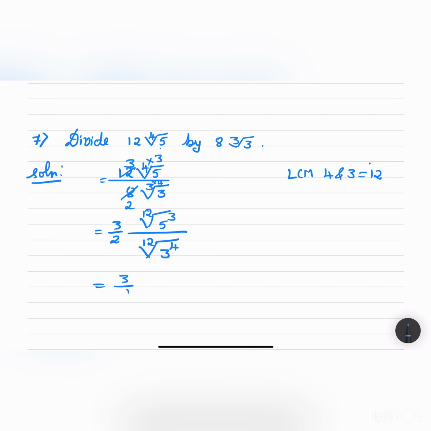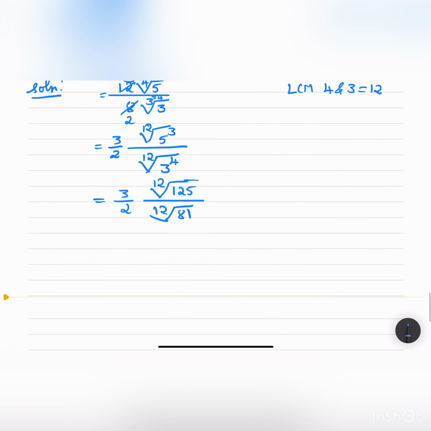This will be 3 by 2 into 12th root of 125 divided by 12th root of 81, since 5 cube is 125. Writing it together, it is 3 by 2 into 12th root of 125 by 81. So this is the answer for the given numerical.